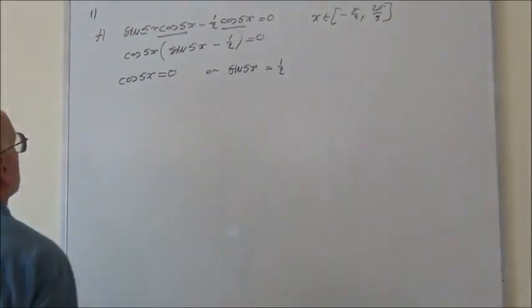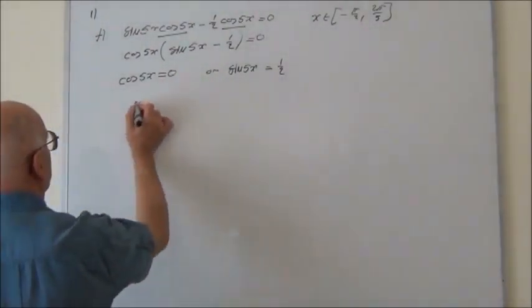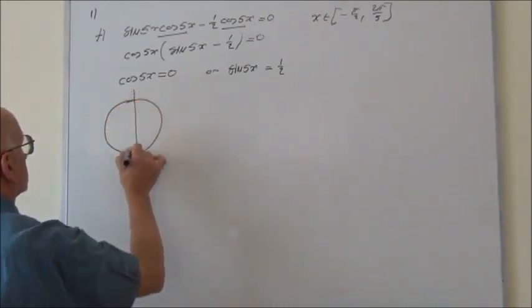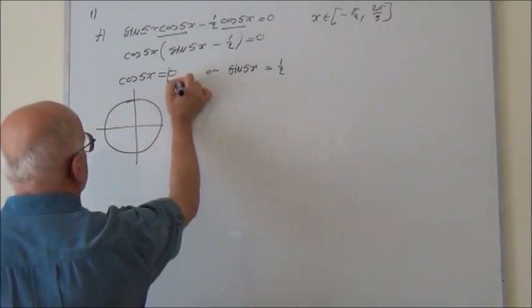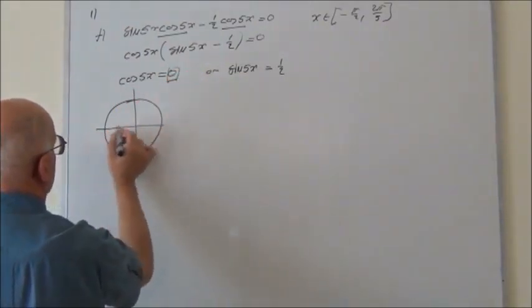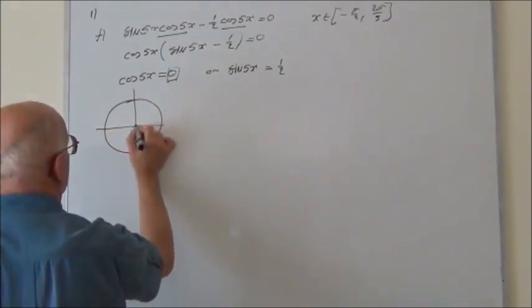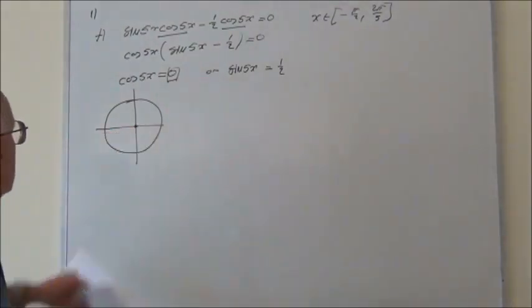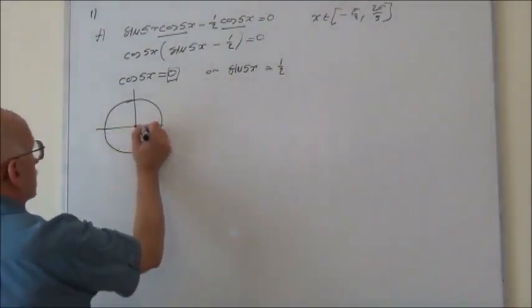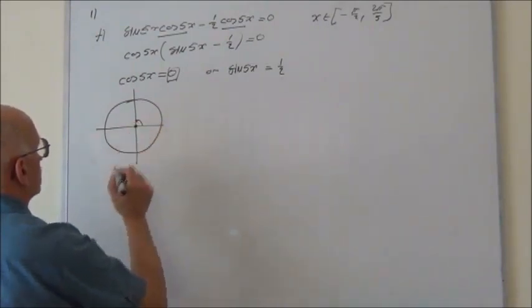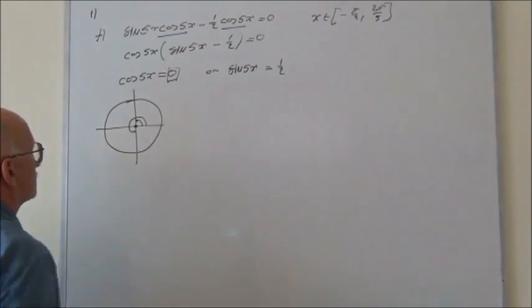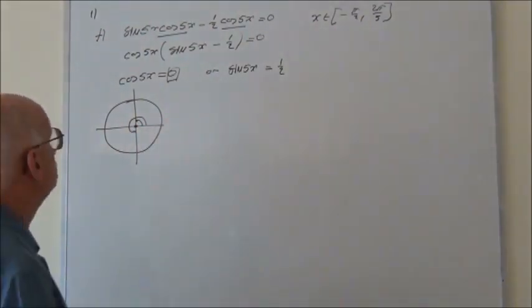I don't know if you need a unit circle for this equation, but anyway, I will make it. 0 on this line is here, and the angle that will give us this value is one is pi on 2 and another angle is 3 pi on 2.